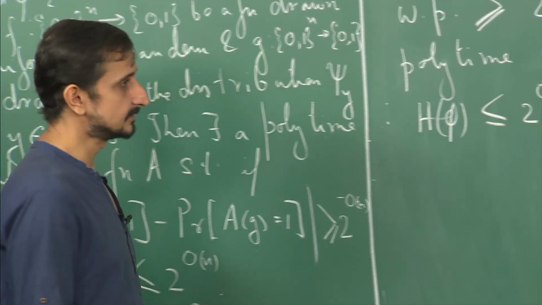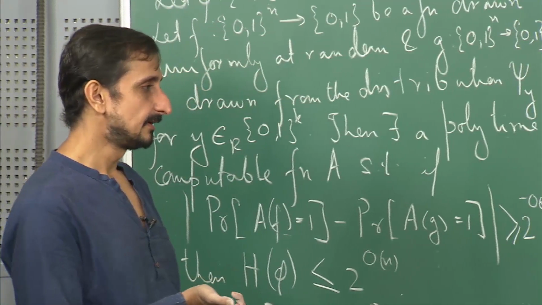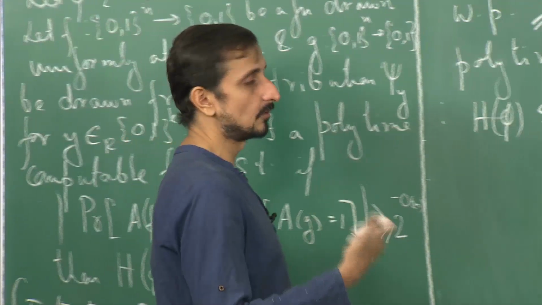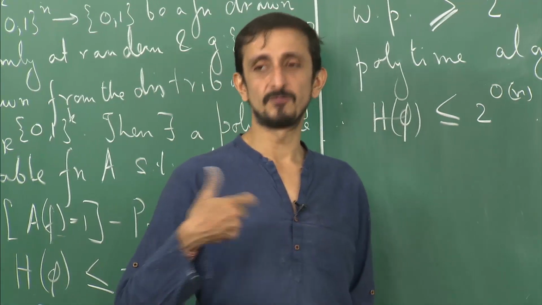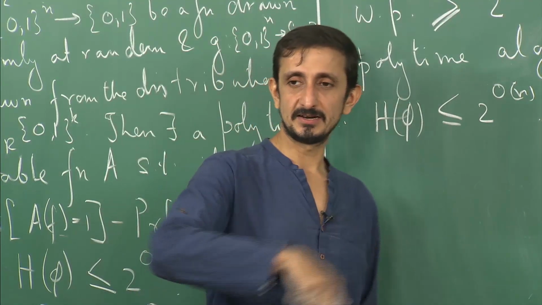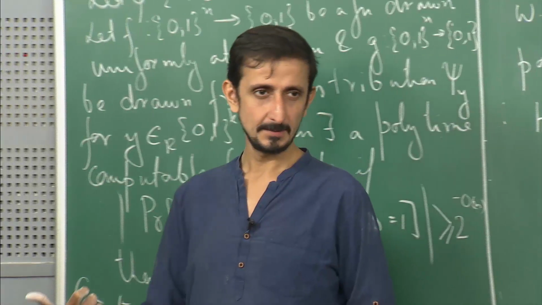We saw Nechiporuk's theorem, which essentially showed that we can give a lower bound for a formula in terms of its sub-formula or sub-function. If I take a function, I can give a lower bound for this function in terms of the sub-function.